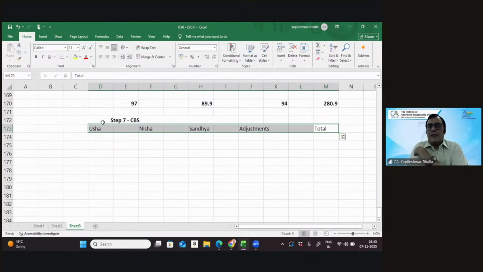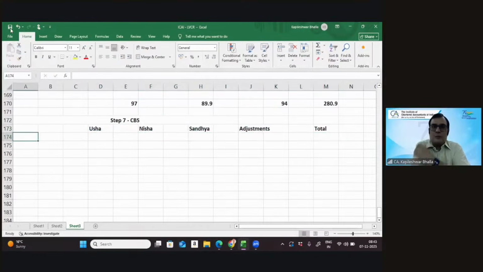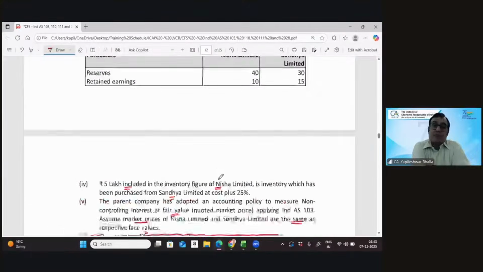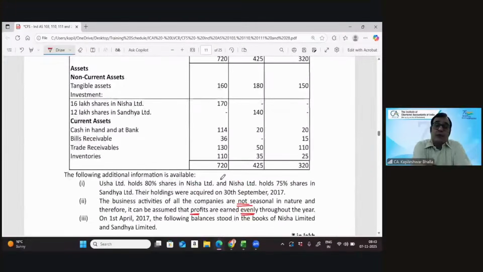Okay, so let's begin the data. First of all, copy the balance sheet from the question itself and then proceed. The question came a long time back when the format was not in accordance with Schedule 3 Division 2. The format was given based on Division 1, but we're going to make a Division 2 balance sheet only.